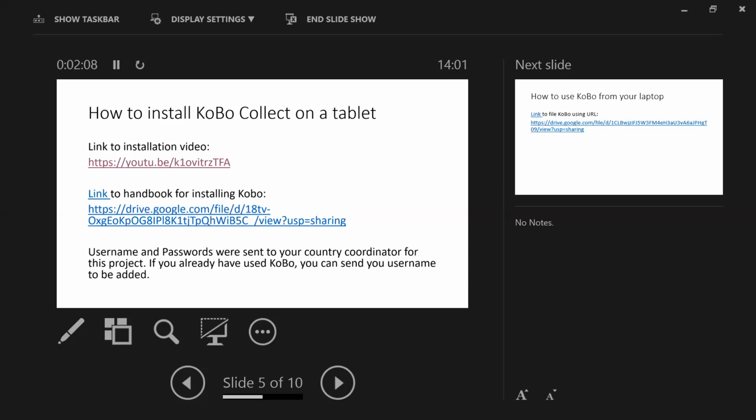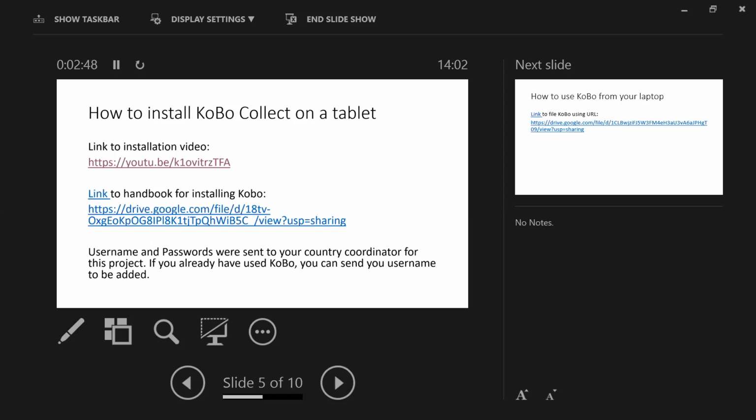What if the enumerators download the application directly to their mobiles, or is it supposed to be limited to something that is controlled? If the enumerators download Kobo Collect to their mobile, they have the same options, so we can also track the GPS. There's no problem with that. The focal point can download this application, and because they have the username and the access, they can control it and then give it back.